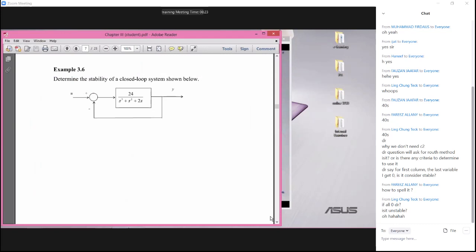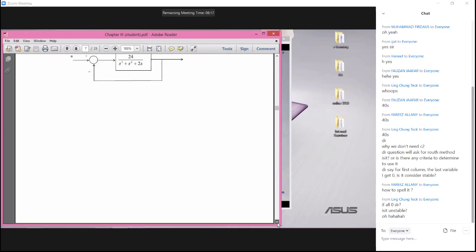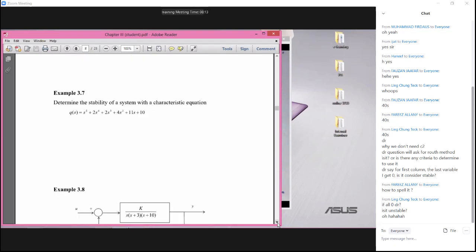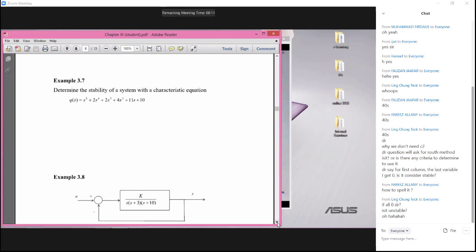So it looks like it is not that difficult to develop the Ruth table. But just when you think that you know how to answer the questions, most of the time we are not that lucky. There's always something lurking behind us that sometimes determines our luck, whether we can do it or not.